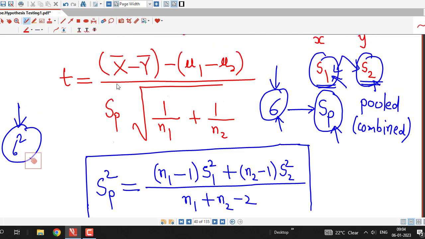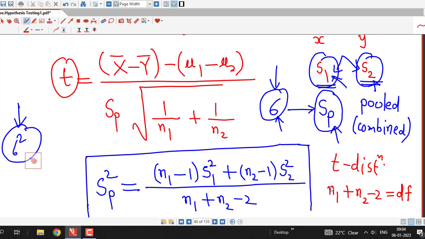And if we consider this formula for the T statistic, then this T statistic follows a T distribution with degrees of freedom equal to n1 plus n2 minus 2. Whenever we are using the T distribution, we have to specify the degrees of freedom. So degrees of freedom is n1 plus n2 minus 2. The formula for the T statistic is T equals x bar minus y bar minus mu1 minus mu2, divided by SP times square root of 1 over n1 plus 1 over n2.